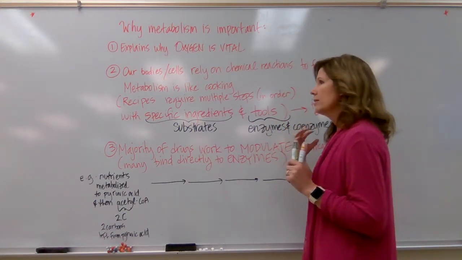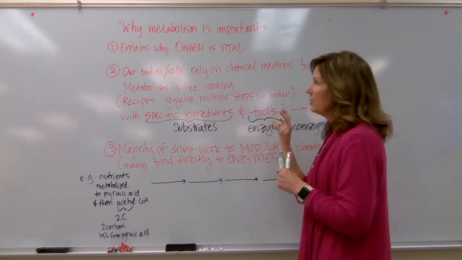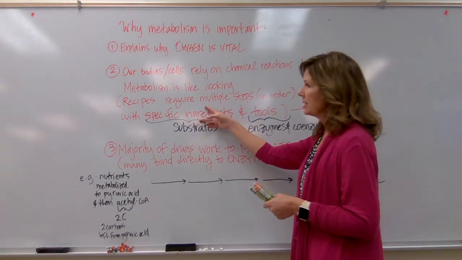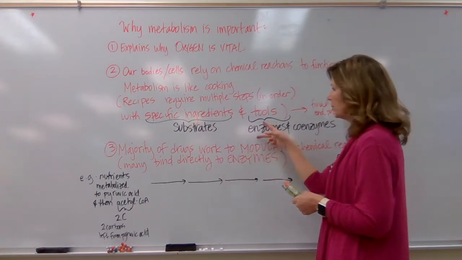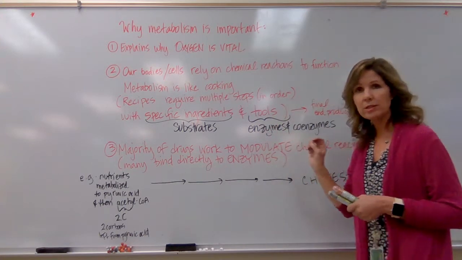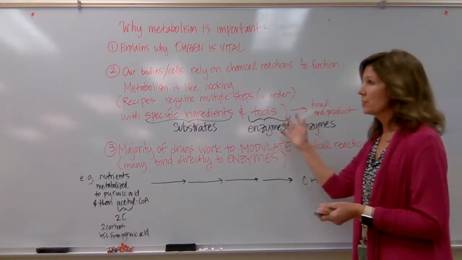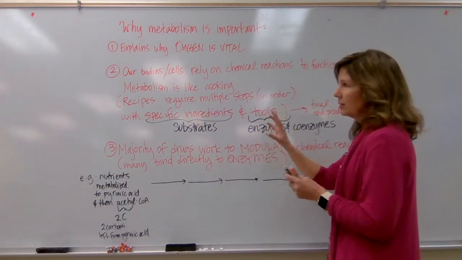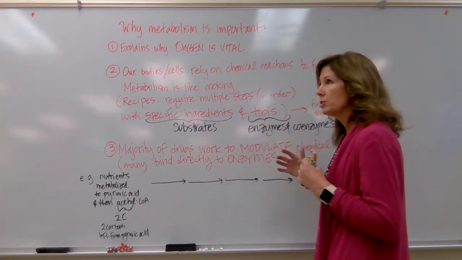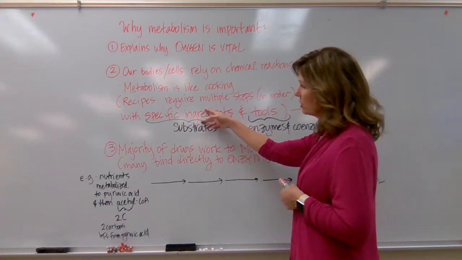And using the concept that you can see those multiple steps, you can start to make predictions on, well, what if I am missing a specific ingredient, or what if I am missing a specific tool, or what if one of my enzymes is damaged? Can you predict what is going to be a consequence of that? So I'm pretty sure you can cook in the kitchen and use your favorite recipe and make your predictions of if-then. If you're making chocolate chip cookies and you forget chocolate chips, guess what?